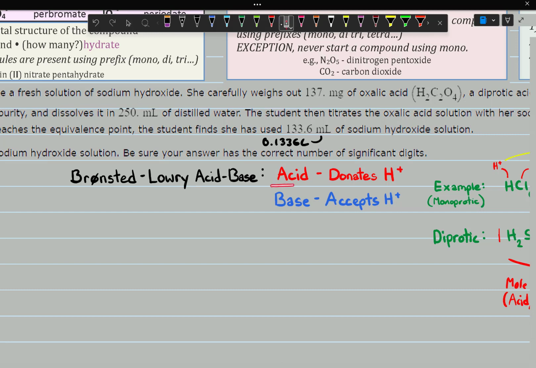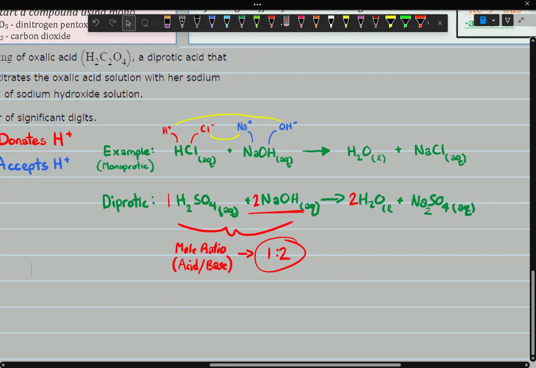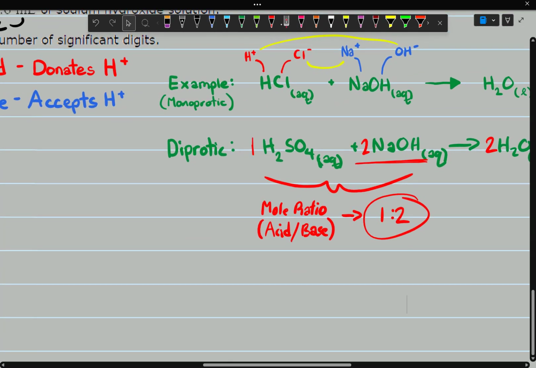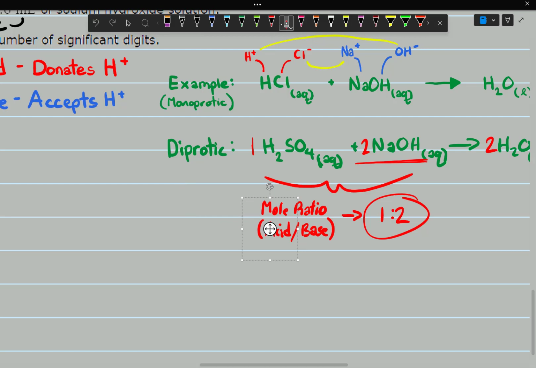But essentially, an acid donates hydrogen ions and a base accepts them. In this example, we have a diprotic acid, where if you write out the balanced equation for the titration, you'll see that 1 mole of acid is used for every 2 moles of base, making the mole ratio for a diprotic acid a 1 to 2 mole ratio for acid to base.